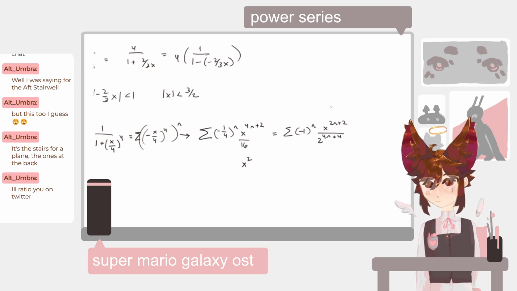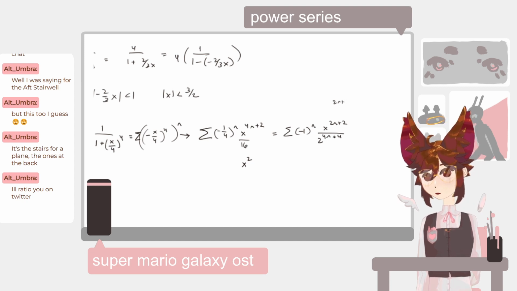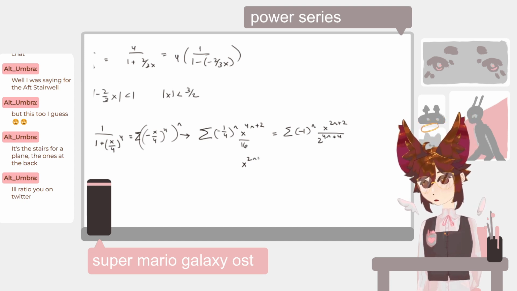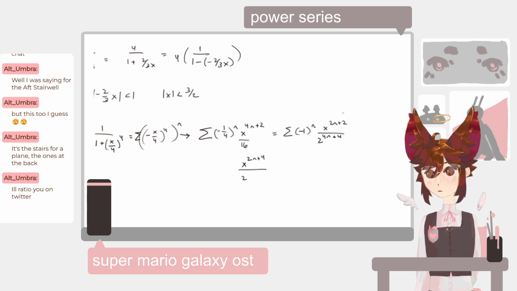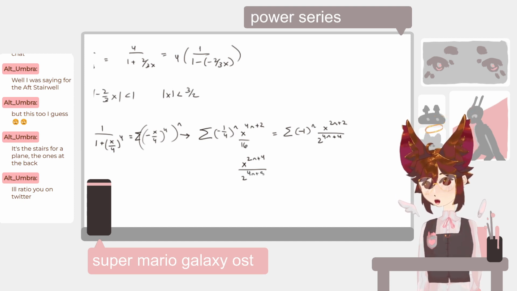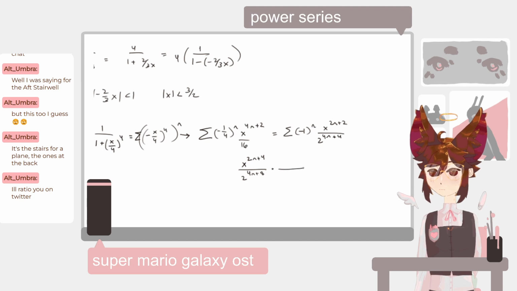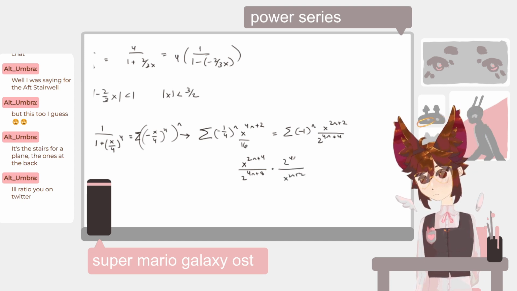2n plus 2. 2n plus 1 plus 2. That's 4. 2n plus 4. Ooh, okay. 2n plus 4 over 2 to the 4n plus 4, which will be 2 to the 4n plus 8 times x to the 2n plus 2 over 2 to the 4n plus 4.